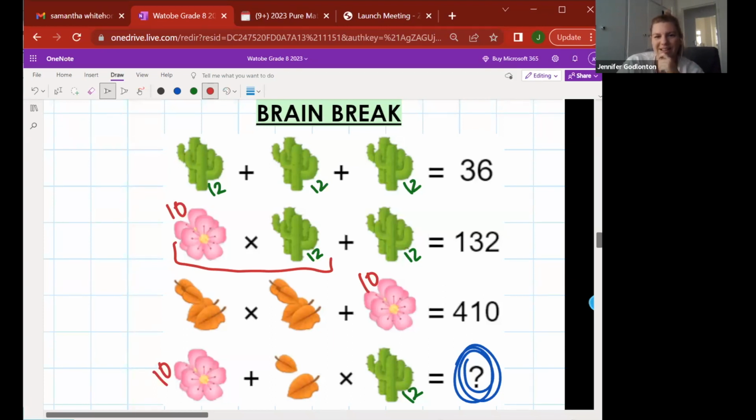Good. Nice work, guys. So we've got our flower sorted. Now we've got to figure out our leaf situation. So now remember again, this times this plus 10 has to give us 410.